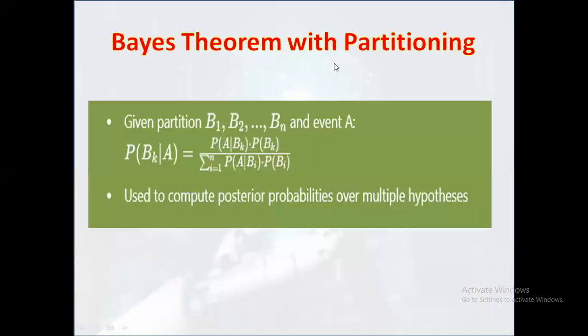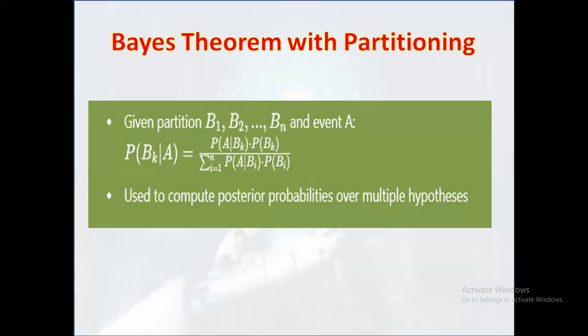Next, Bayes theorem with partitioning. If you are in a situation with multiple hypotheses, we use B1, B2, up to Bn, and an event A. The partitioning allows us to compute the posterior probability of each hypothesis given an event. This is particularly useful in classification problems with multiple classes. So this is the formula: probability of Bk given A is equal to probability of A given Bk times probability of Bk, divided by the summation of probability of A given Bi times probability of Bi.